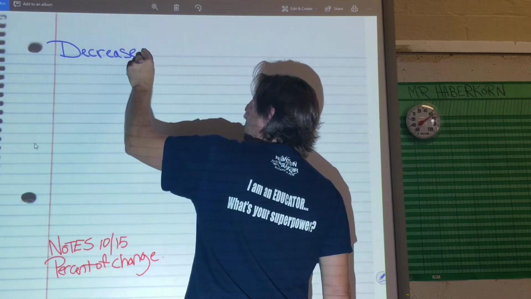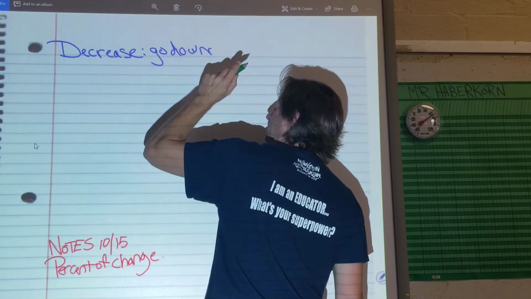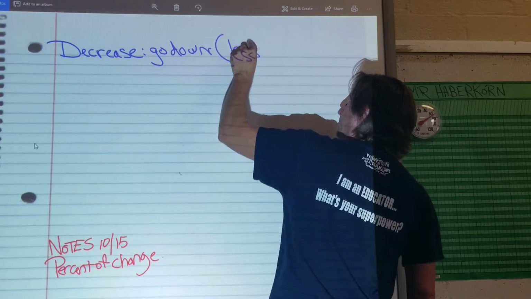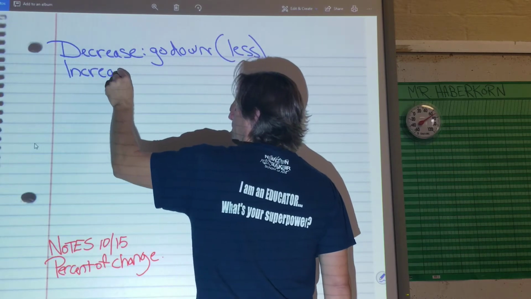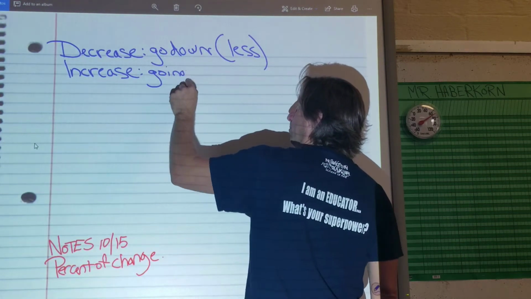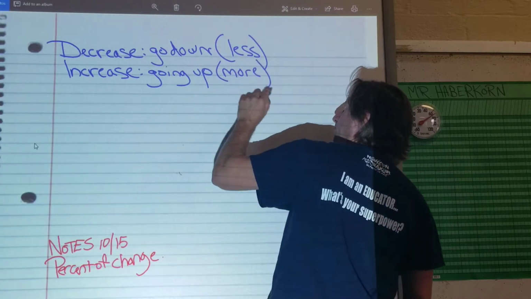Decrease means to go down. The numbers go down, they get less, right? Less. Or increase. Something is increasing, it is going up. Or we're becoming more, right? All right.